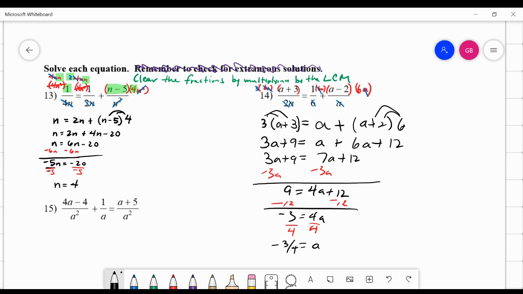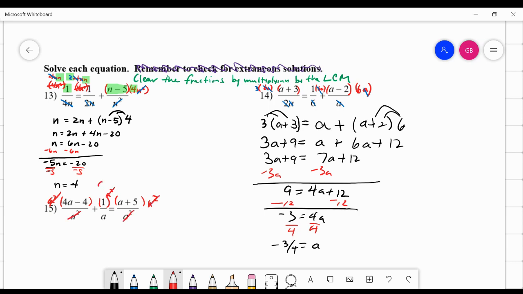Last one. The LCM of a squared and a squared is going to be a squared. So multiply this by a squared, this by a squared, and this by a squared. This goes away, this goes away.